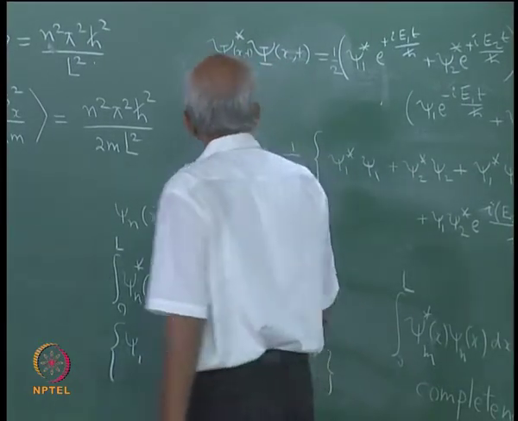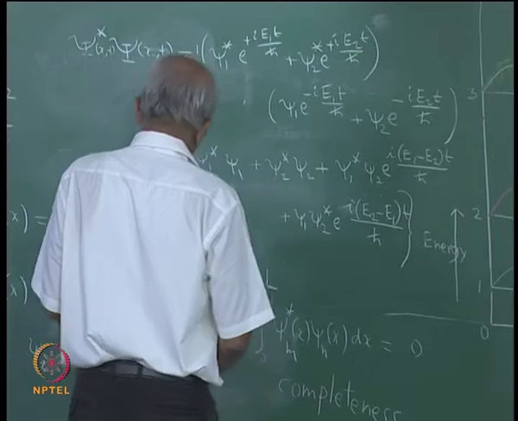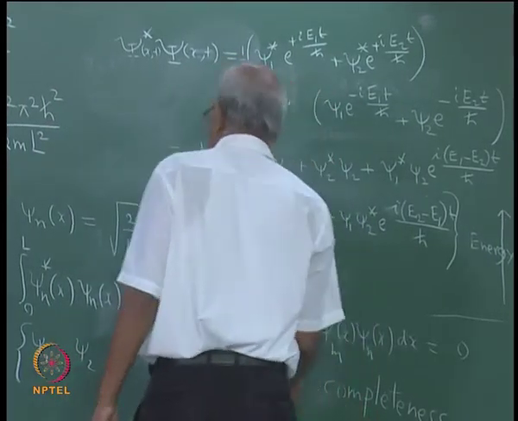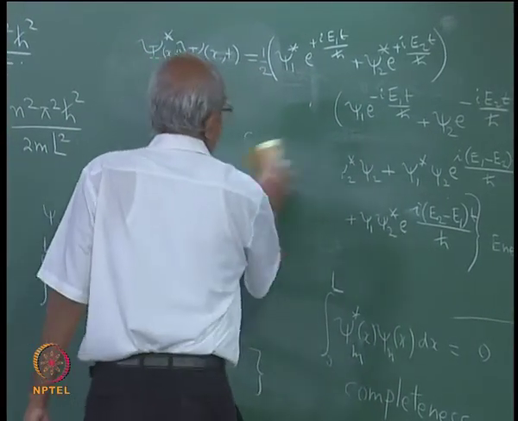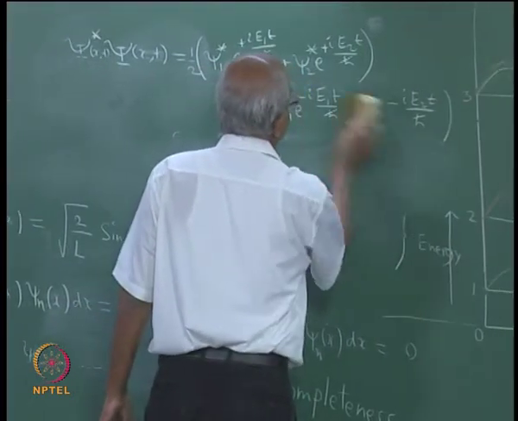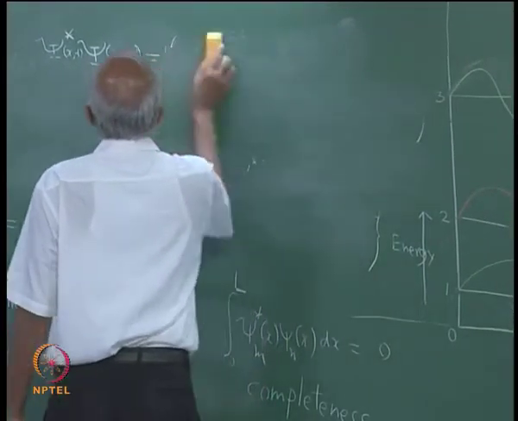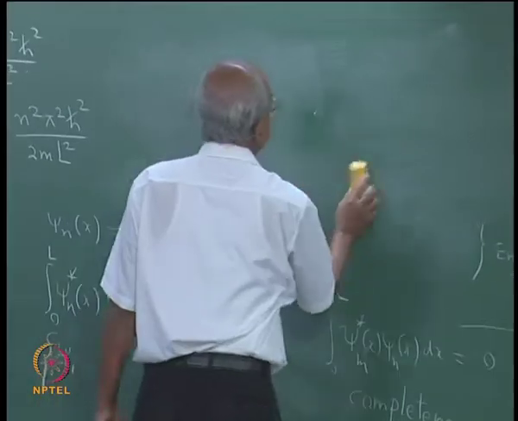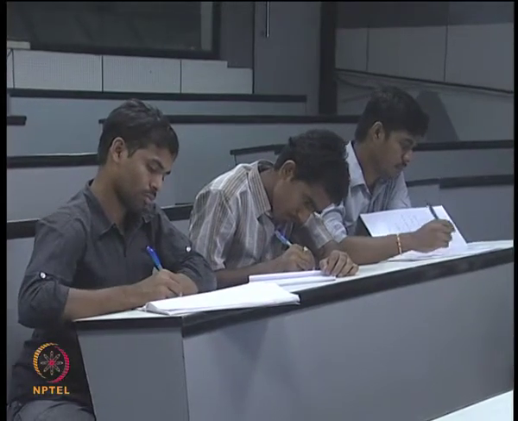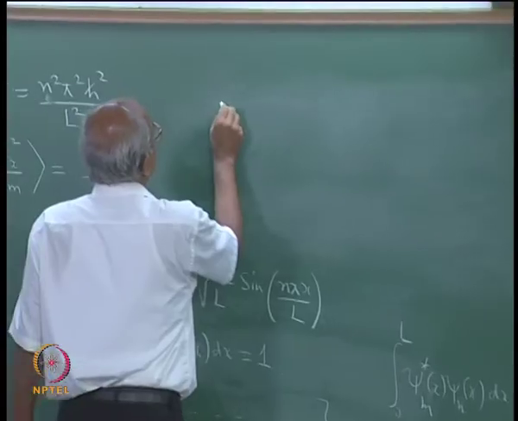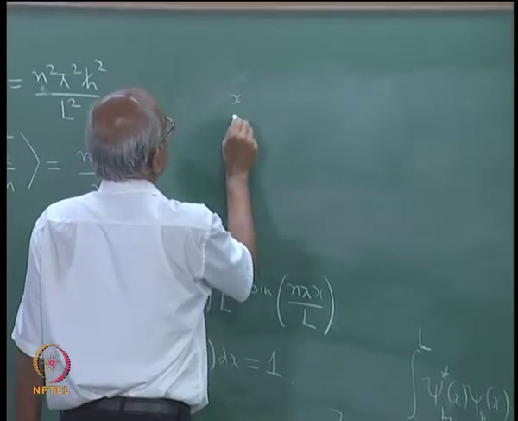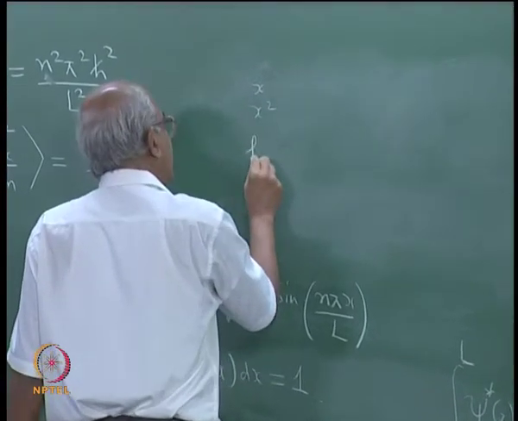That means, if I had a function, you can choose your function maybe x or maybe x square or in general a function f of x.